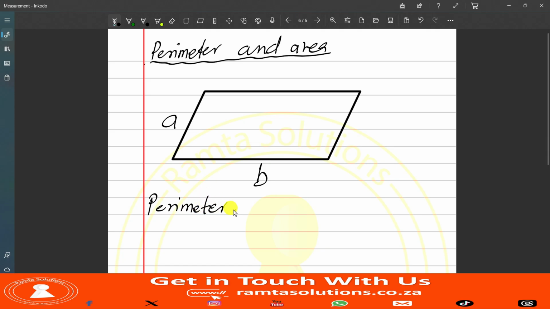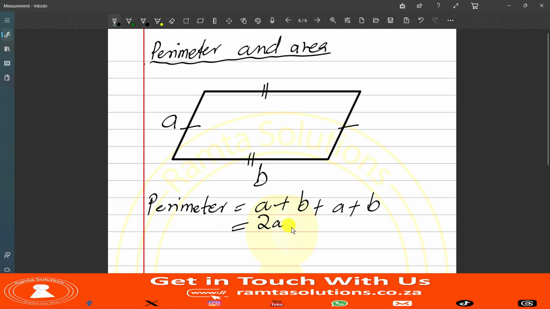So our perimeter here will be, given the properties I gave you previously, we said this side will be equal to this side. So meaning this side here is also A units, this one here is also B units. So we can say we have A plus B plus A plus B. So we have covered all the sides. And what is this?